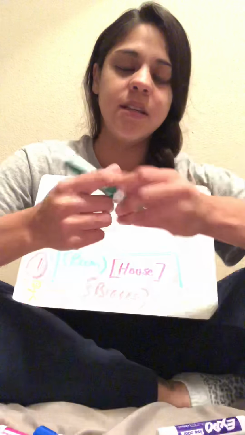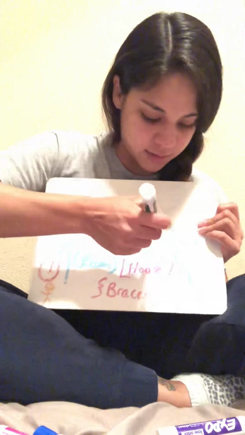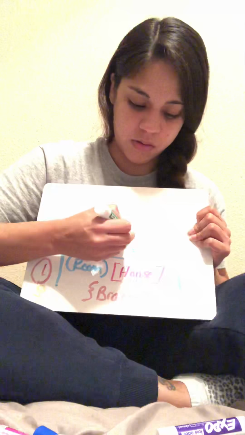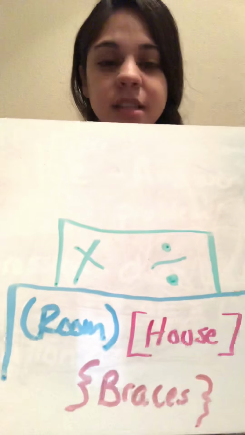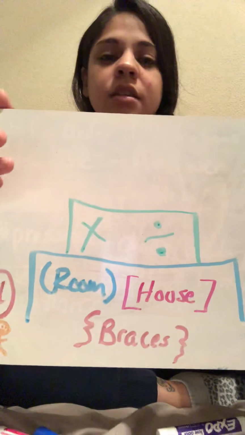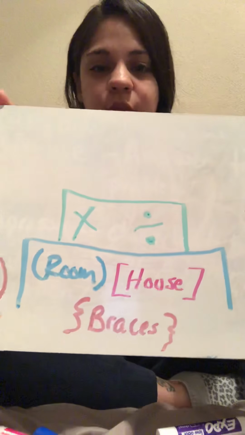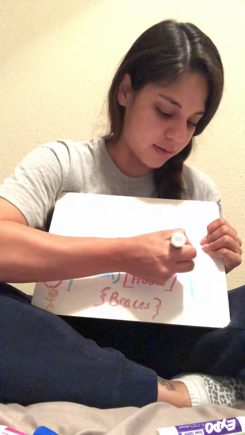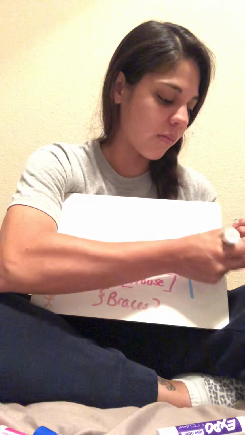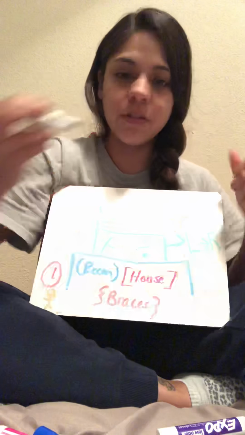All right, so then the next layer is your multiplication and division. Now you have to remember that multiplication and division always goes from left to right. So I always ask you, how do you read? Well, you read from left to right. I'm going to write that down on the side. And that's layer number 2.